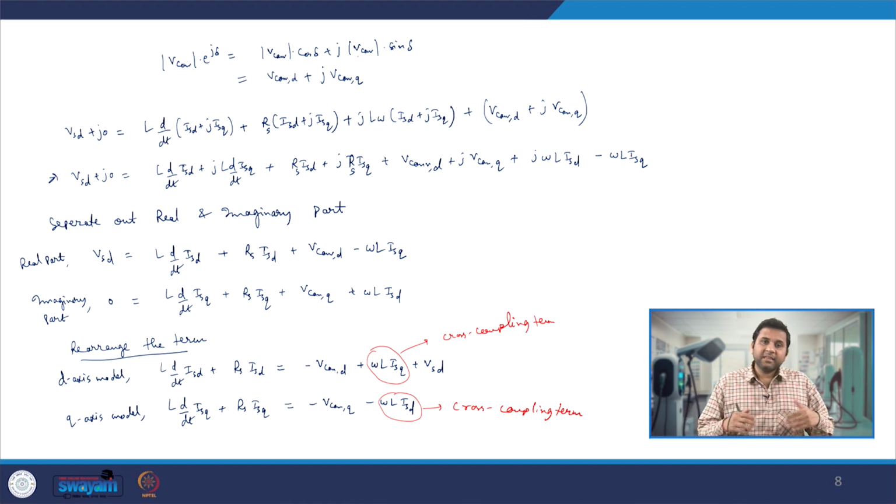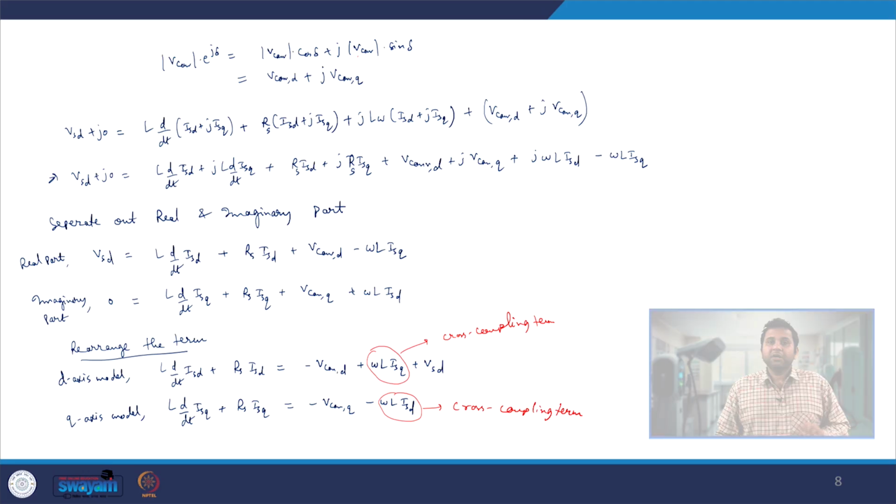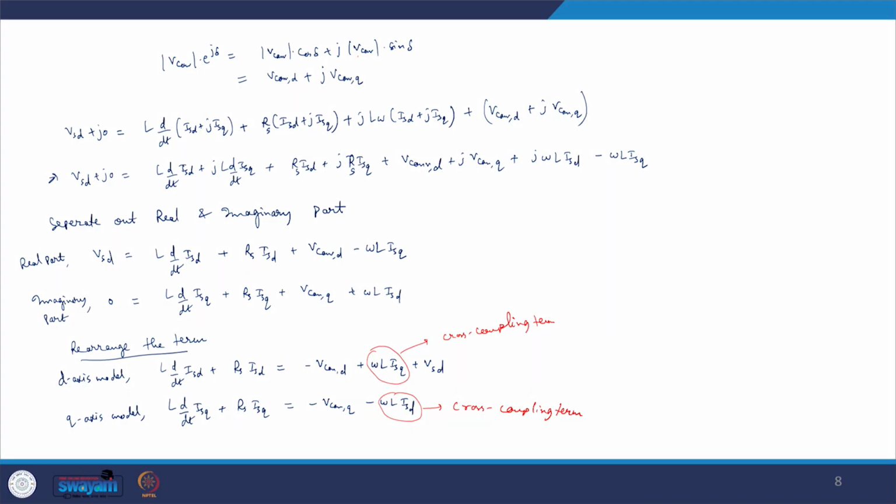Then we can control this V converter along the D axis and V converter along the Q axis, and thus you are able to control the ISD and ISQ, and this control is independent of each other because D and Q are 90-degree apart from each other. So with this we will get independent control over the two phases, you can say two different axes.